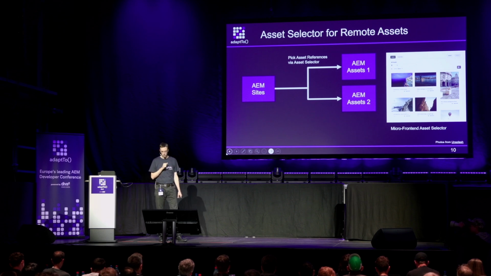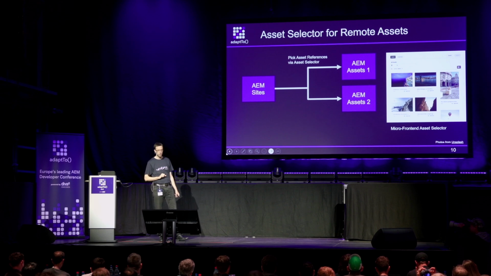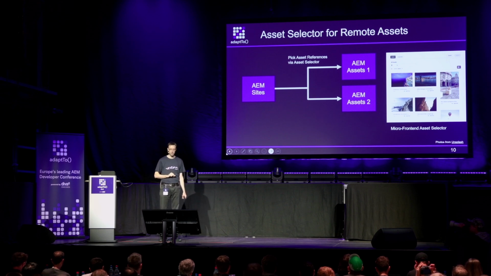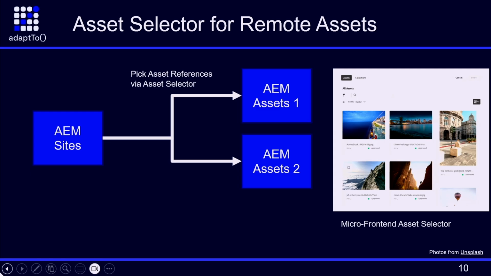And you have also heard it from Georg, there's this asset selector thing. So if you happen to have separated your assets from your sites instance, maybe one or multiple assets instances, you can use the asset selector in your AEM sites instance to pick references to remote assets from one or multiple remote asset instances.